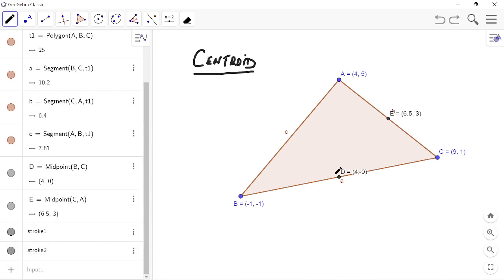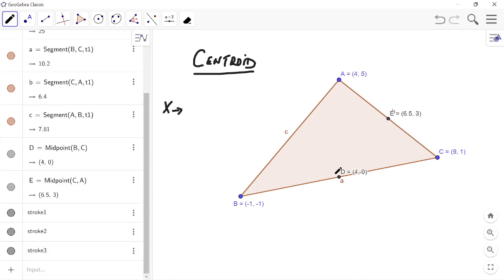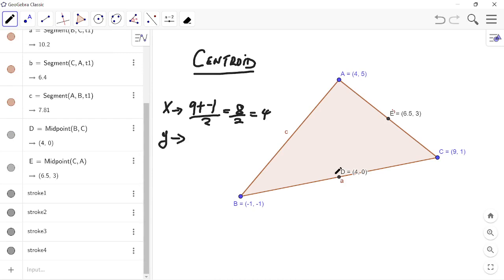For the x coordinate, you just add 9 plus -1, then you divide by 2, which gives you 8 divided by 2, which eventually gives you 4. And for the y coordinate, you do the same. You say it is 1 plus -1 divided by 2, which gives you 0 over 2, which gives you 0. That's why we have 4, 0.